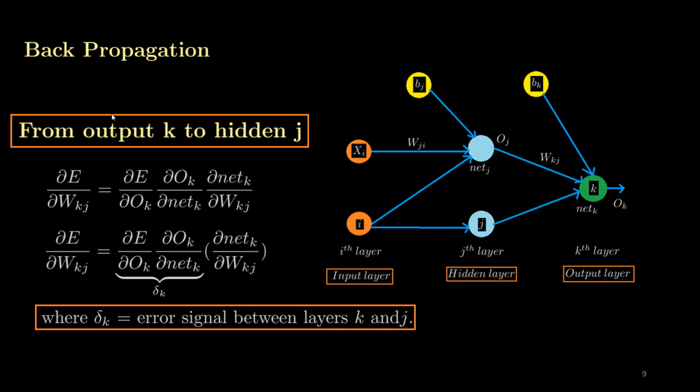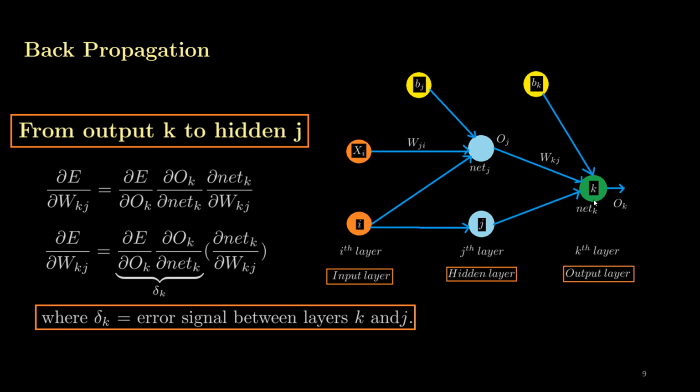Since we are moving from output to hidden, we have to update the weight present between the output and the hidden layer. And while updating the weight, we will reduce the error. So now we have to learn how to reduce the error with the help of the weight between the output layer and the hidden layer. Therefore, we need to learn how to write the equation of the rate of change of error with respect to Wkj.